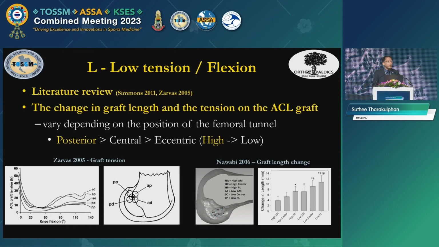And from the review literature conducted by Dr. Simon and Sanwas, the change in graft length and the tension of the ACL graft vary depending on the position of the femoral tunnel. A femoral tunnel placed in the posterior region has high graft tension and more graft length change than in the center or in the eccentric area.